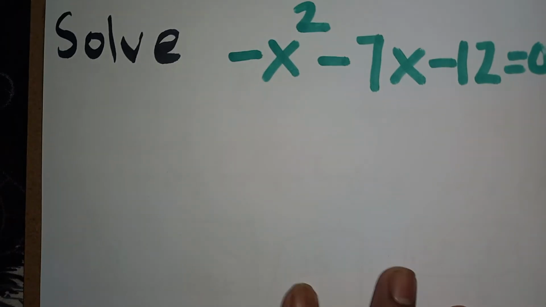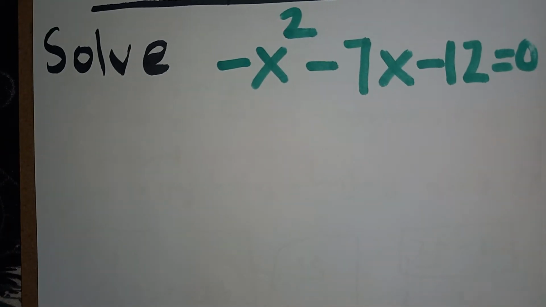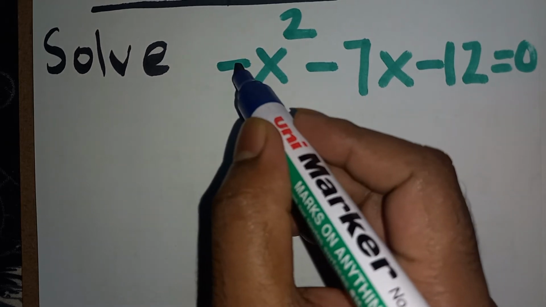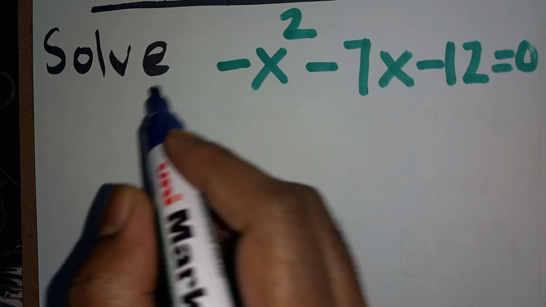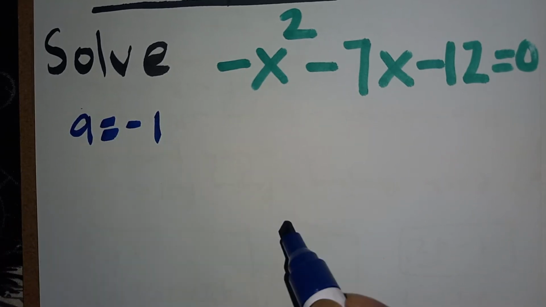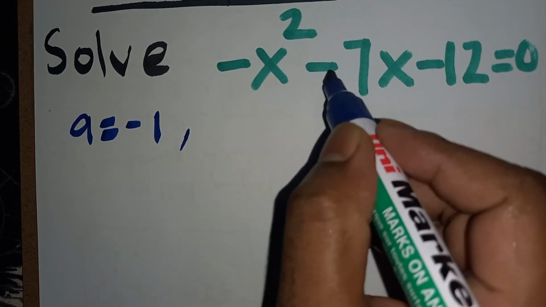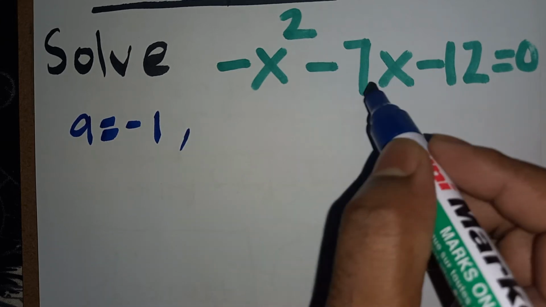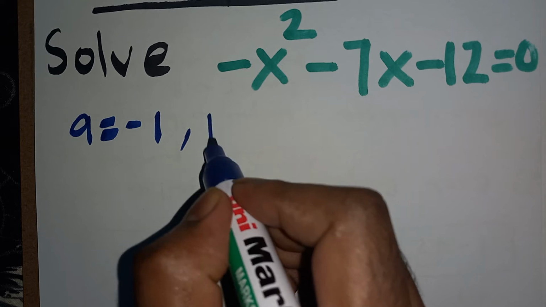Before that, we are going to write down the information that is given. So negative 1 is the value of a. Then for negative 7, we will write that as the value of b.